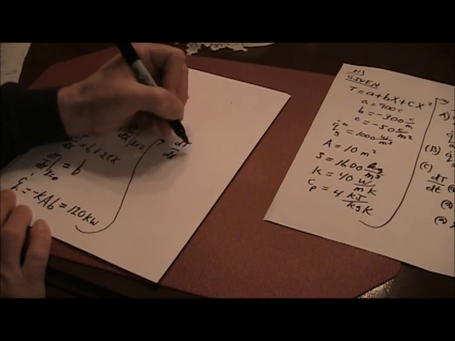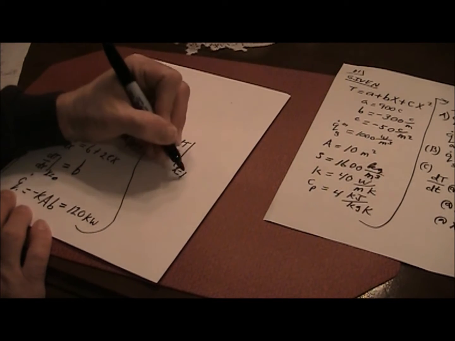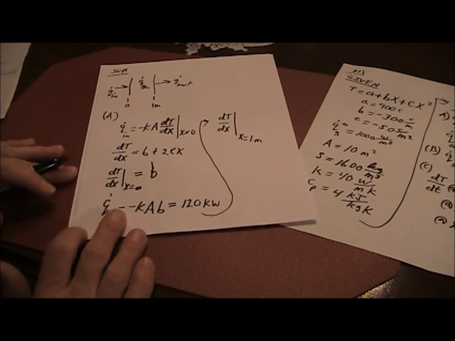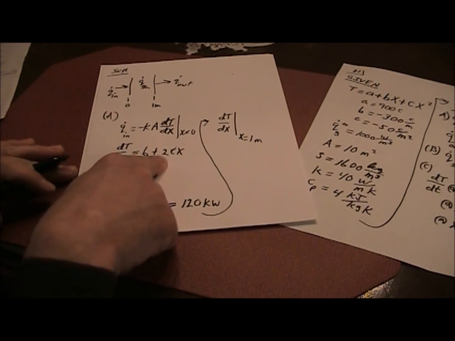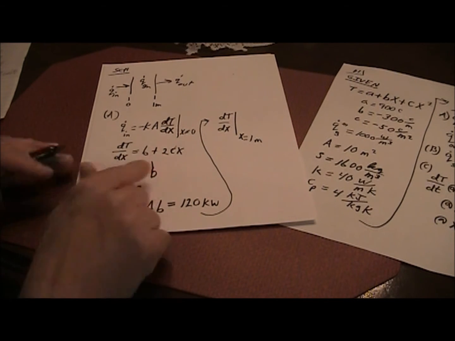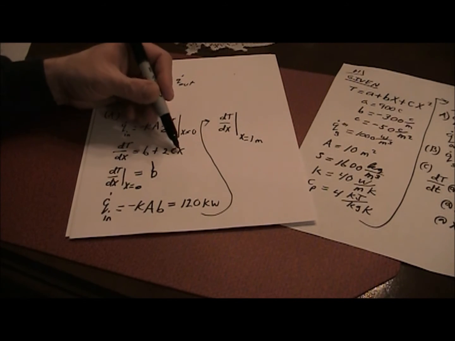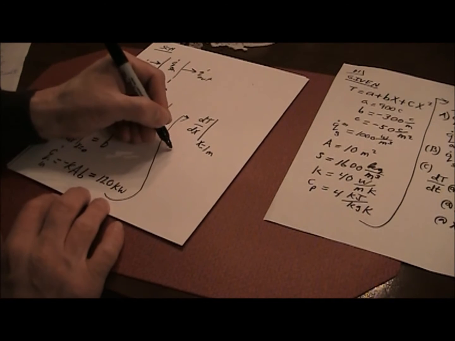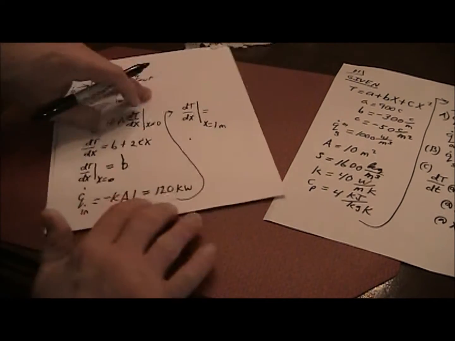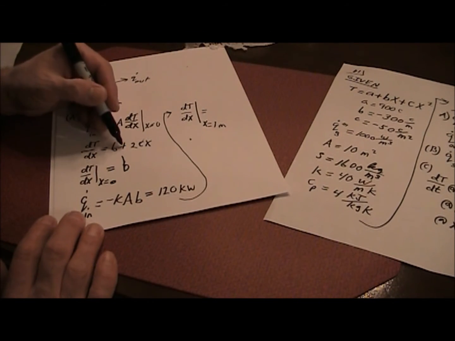Okay, and then similar to that, dT/dx at x equals 1 meter, here again, dT/dx is given by this equation. So if we put 1 in there, then dT/dx at 1 meter is just going to be B plus 2C.